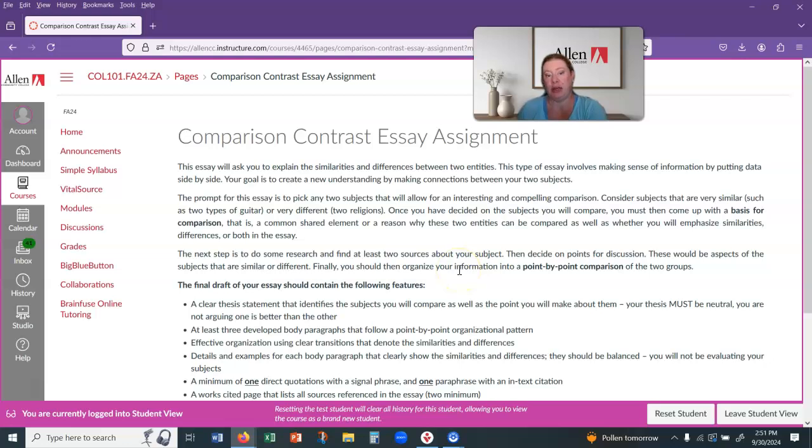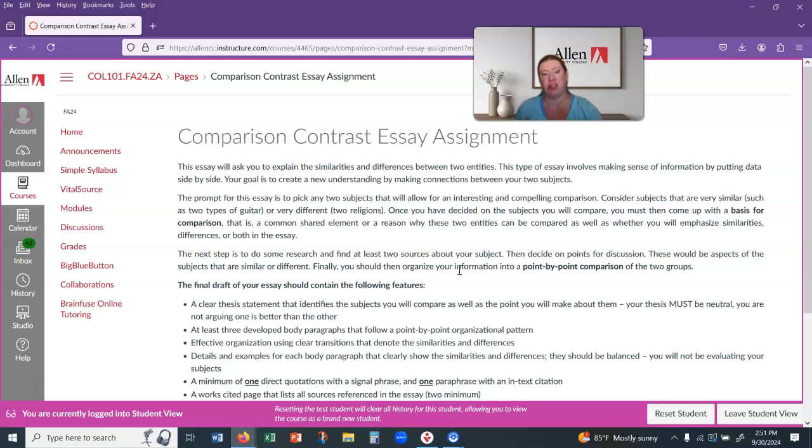Some students like to pick things that their reader probably even uses interchangeably, like EMTs and paramedics. Most people will use those terms interchangeably, but they're actually two different jobs, and you can achieve those jobs in different ways, and they're different career paths, although they do almost the exact same type of work.